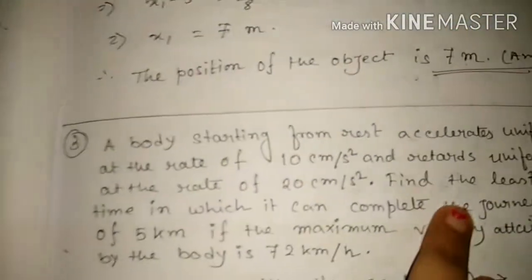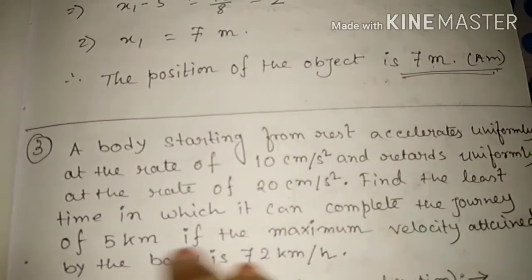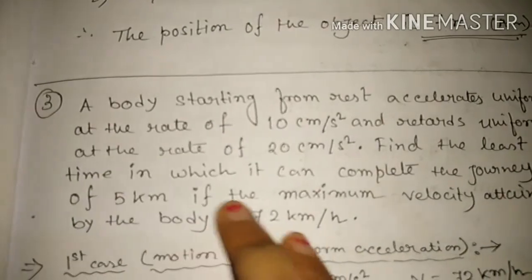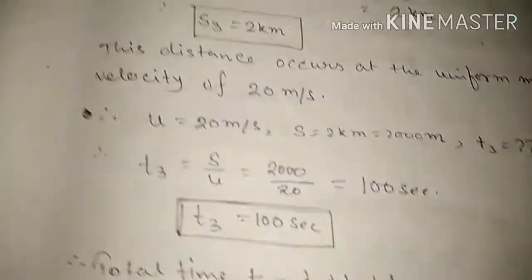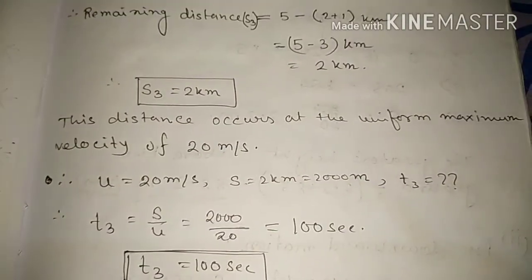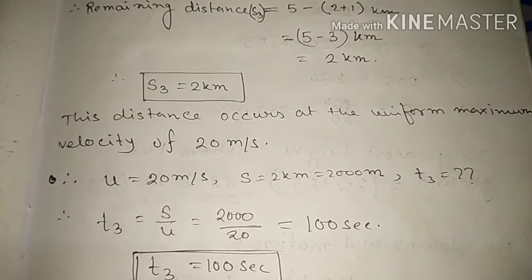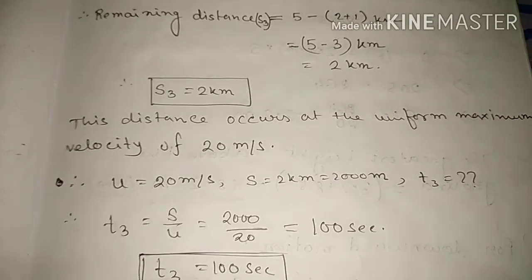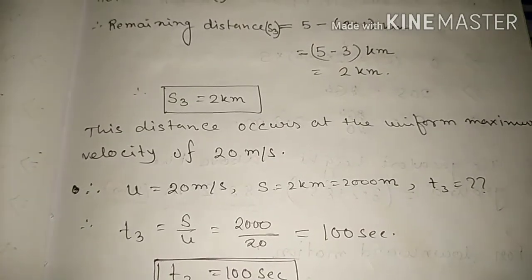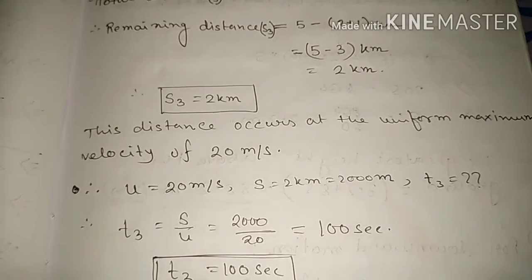Okay, so the last case, the third case, is to find the least time in which it completes a journey of 5 kilometer if the maximum velocity attained by the body is 72 kilometer per hour. So this s3 distance, it will cover with a uniform maximum velocity, that is 20 meter per second. That means u equals this one, s equals 2 kilometer, that means 2000 meter. We find out t3 from the definition.